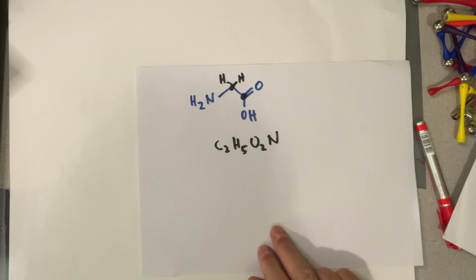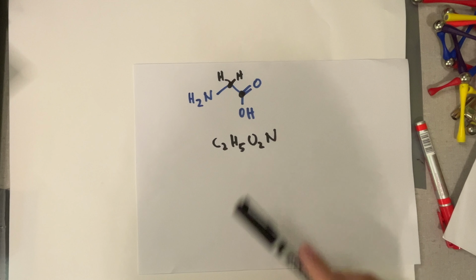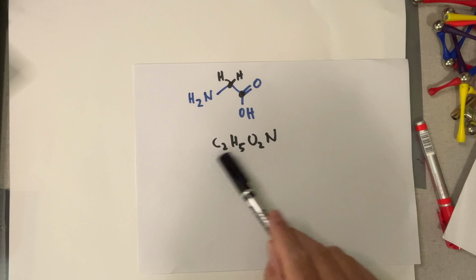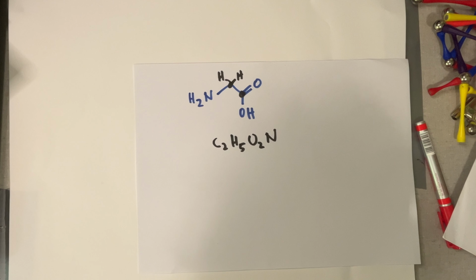Right, so let's get started with today's problem, which asks the question, can we calculate the enthalpy of formation for glycine? Now, the first thing is we were given just the structure for the glycine, and we need to figure out what the actual formula is.